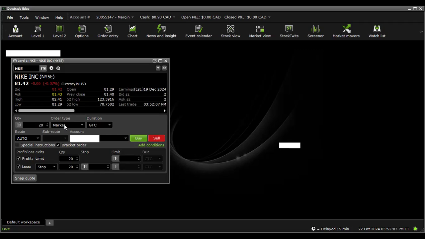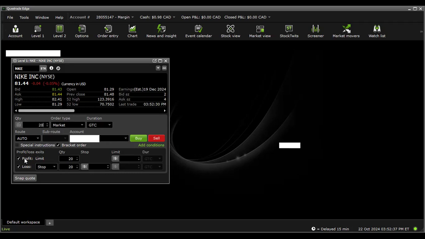At this point, it has dropped to 81.43, but let's assume that is what it is. We had already calculated 20 shares that we are willing to buy. And the account that you're going to buy the shares from is that one.